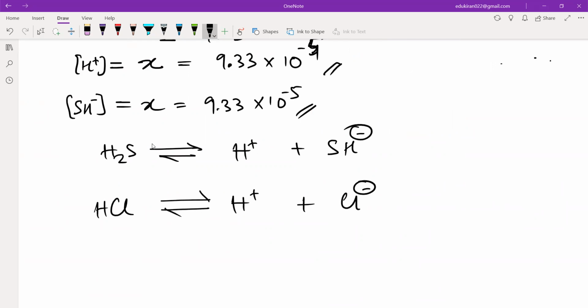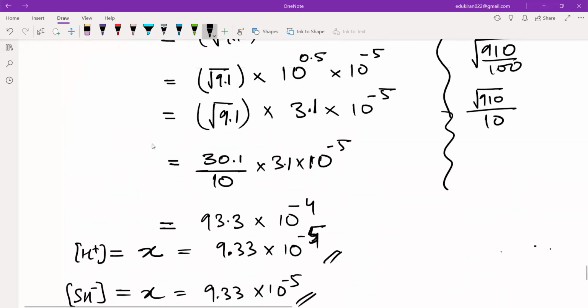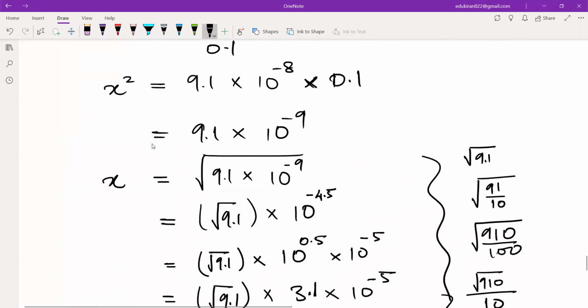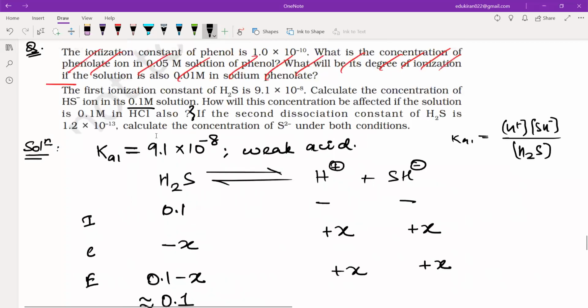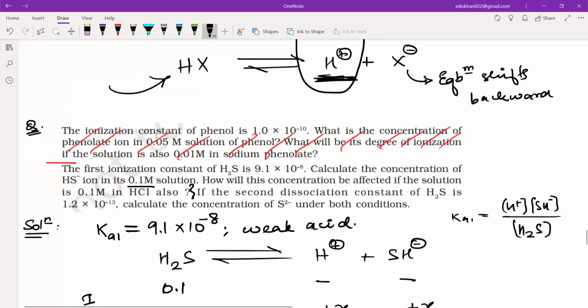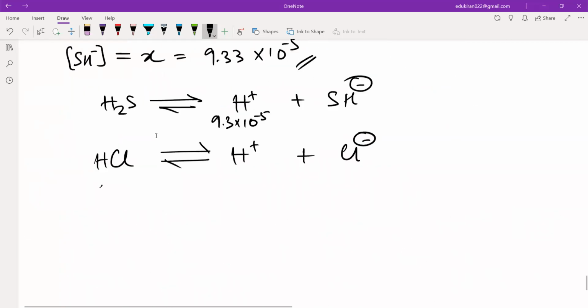From H2S I am getting 9.33 into 10 to the power minus 5. From HCl I will be getting the whole amount because the concentration is very high. Completely 0.1 molar HCl, and it is a strong acid, so from H plus also I will be getting 0.1 molar. Yes or no? From both of these things?